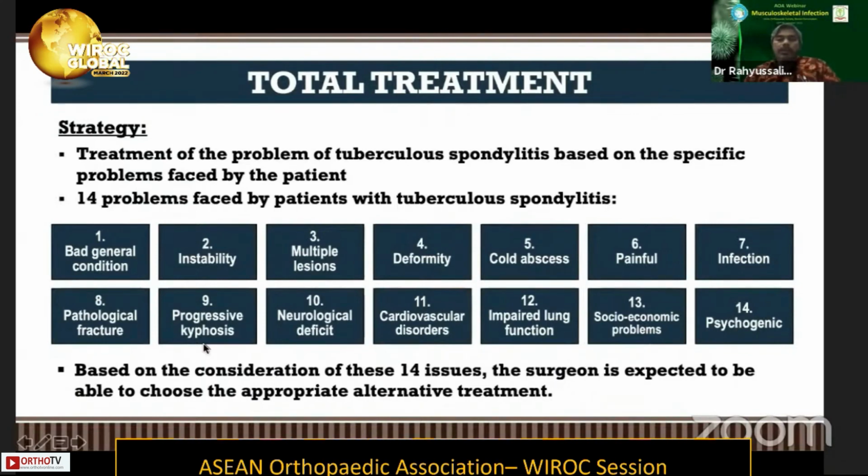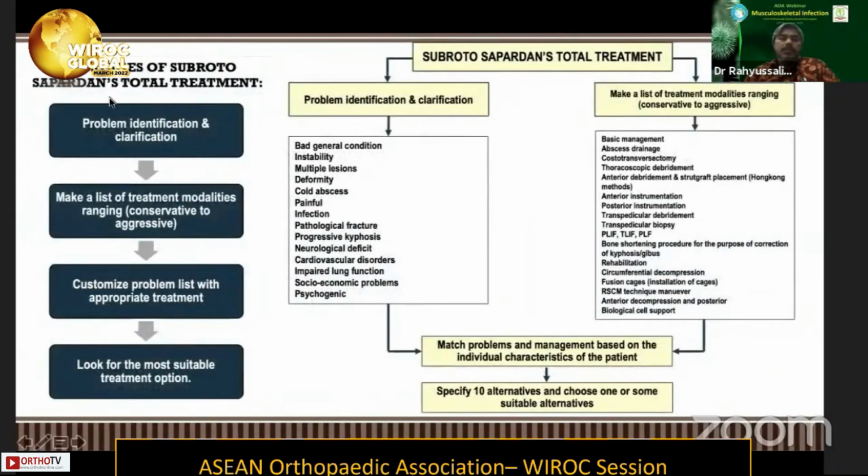So when the patient first comes to us, we should know these problems first, and then we make a strategy. The stage identification and clarification, and always make a list of treatment modalities and make a customized problem list with appropriate treatment, and look for the most suitable treatment option.